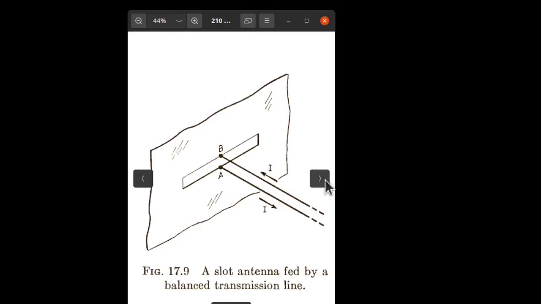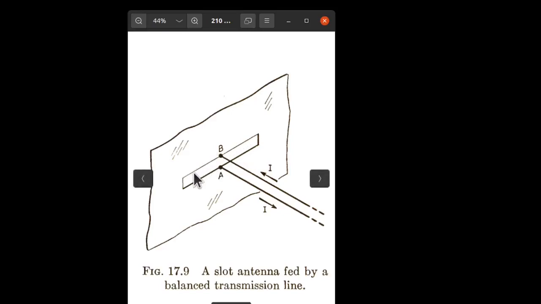Moving on, this is a unique introduction to dipole antennas in that what we have here is an infinite sheet of metal with an oblong hole in it, fed across these 2 points.